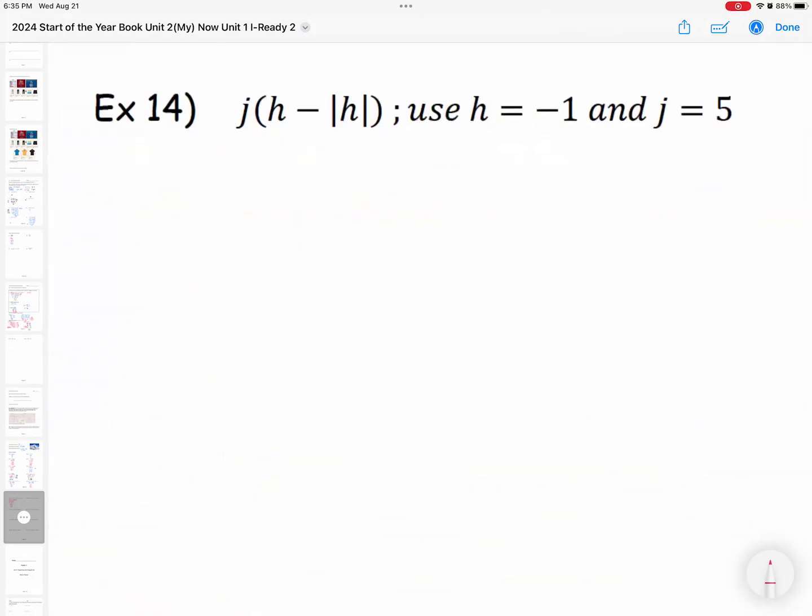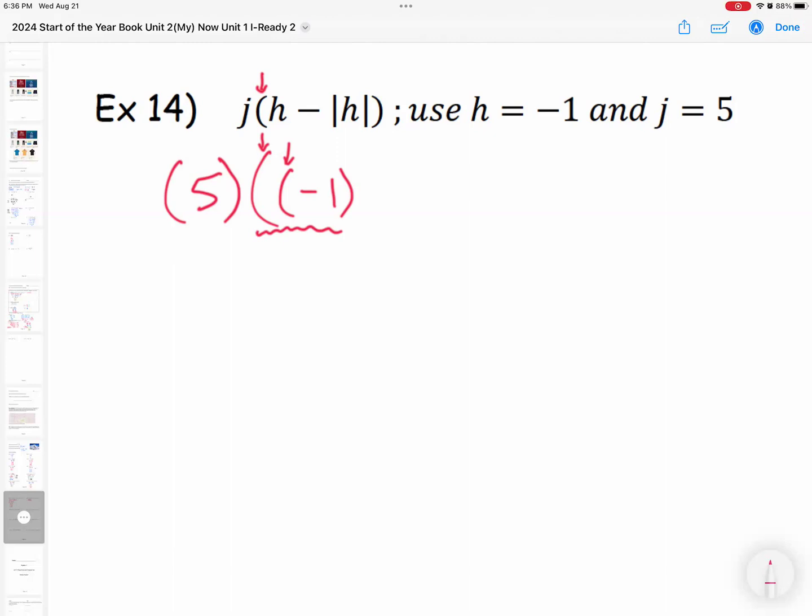As we look at 14, we're going to dump our numbers in parentheses. So 5 times h is -1. I want to highlight right here. Notice the first parenthesis was from the expression. This second parenthesis was from me inserting that h value in there.